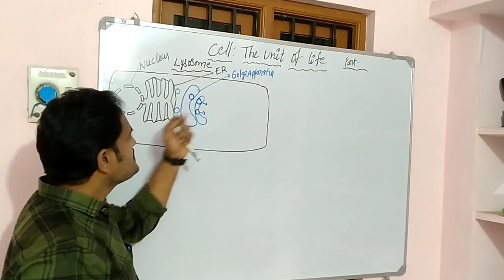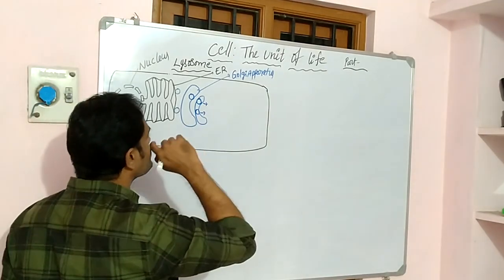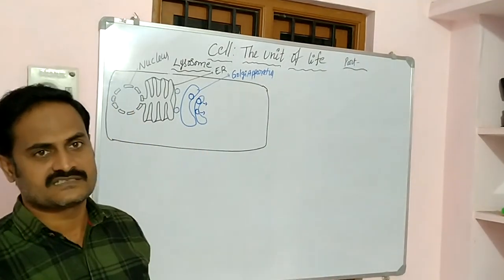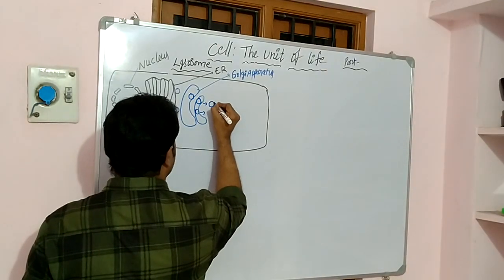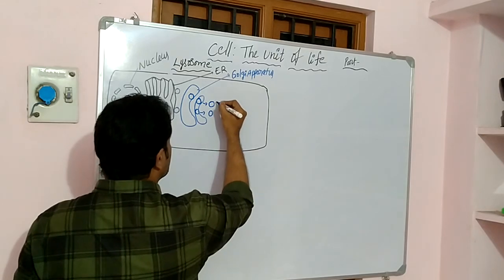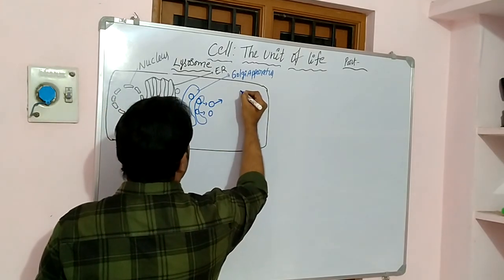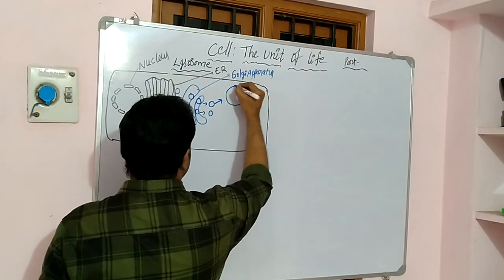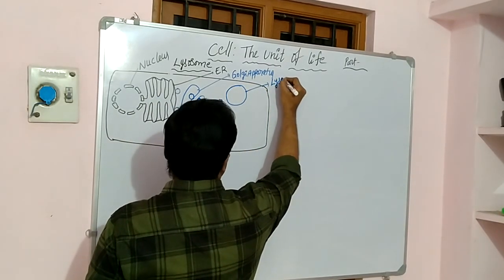Then these modified proteins form some cell organelles. For example, these are the vesicles. Some of the vesicles are modified into lysosome. See, this is called what? Lysosome.